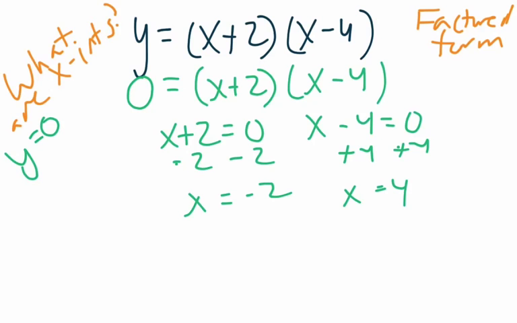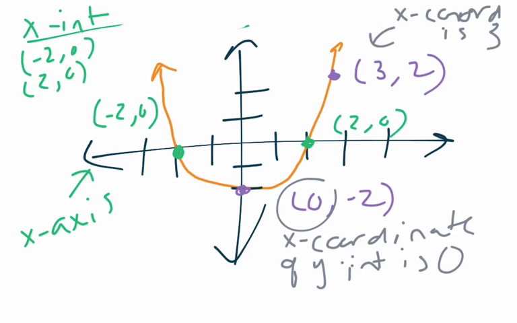I mentioned back here that when we're talking about the x-intercepts, we will often write it just as the x value, because we know that the y value is 0, since that's implied by the definition of the x-intercept.